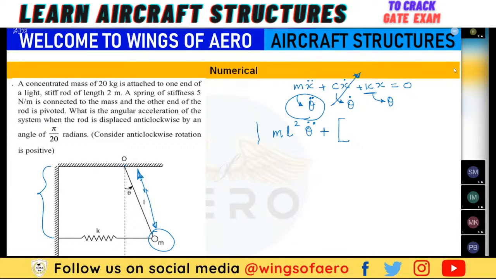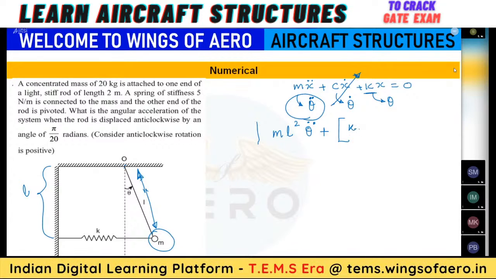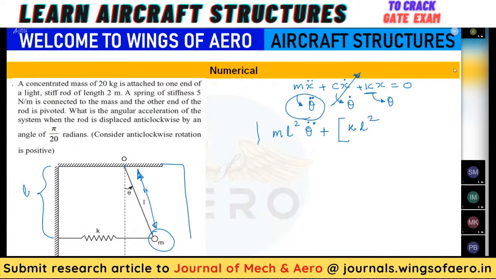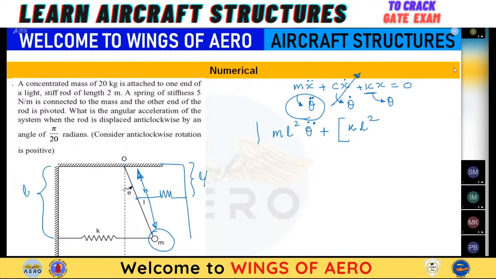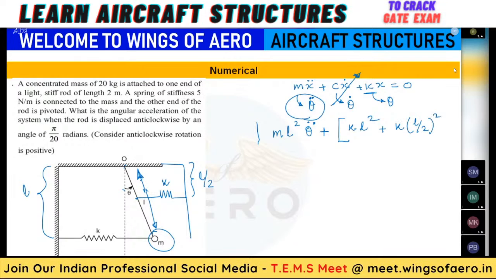The k is located at the same point where L is located, so k is at distance L, and you need to square it. Suppose another spring is attached here at distance L by 2, also with value k. Then you add k into L by 2 whole square.